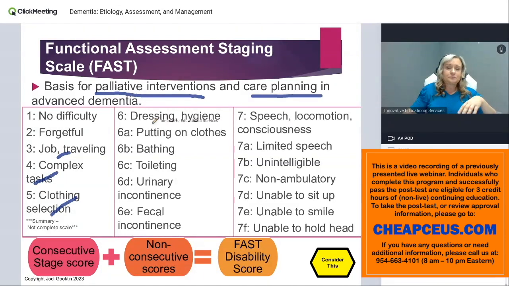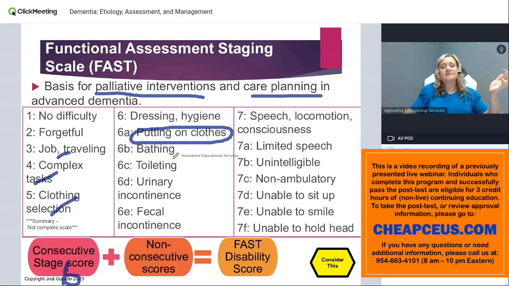So they're going to get a score of 6 because they're able to dress themselves, but then actually putting on those clothes is where they're at. So that's our score of 6. And then let's say they also happen to be incontinent of urine. So that's not consecutive. So we leave them with the 6, and then we add a point 2 because they're also incontinent of urine. So they end up with a score of 6.2.